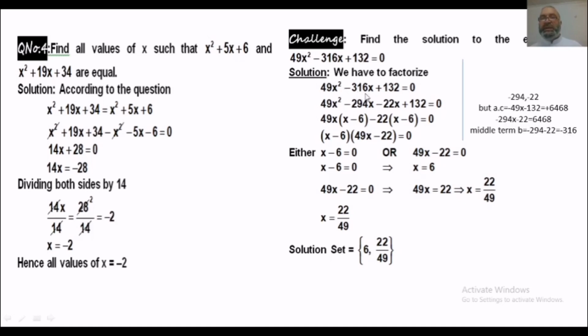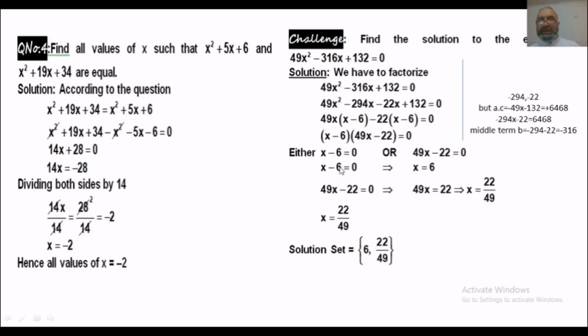So splitting the middle term into two terms, 49x squared, instead of minus 316x we write minus 294x minus 22x plus 132. Here 49x is common, we get 49x into x minus 6, minus 22 is common, into x minus 6 equal to 0. So x minus 6 is common, we get x minus 6 into 49x minus 22 equal to 0. By the zero product principle, if the product of two factors is 0, each factor is equal to 0. Thus x minus 6 equal to 0 or 49x minus 22 is equal to 0.